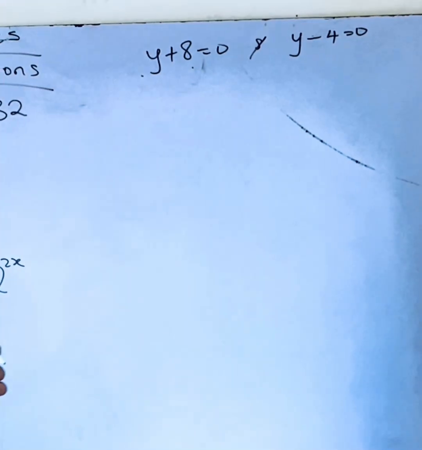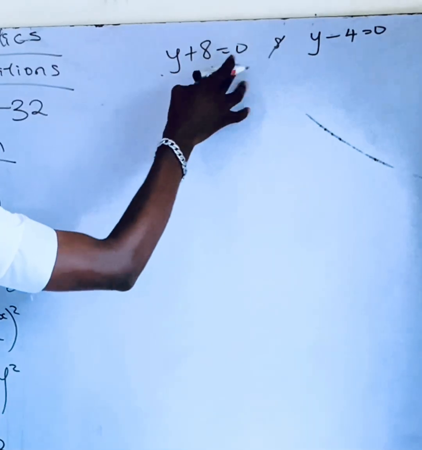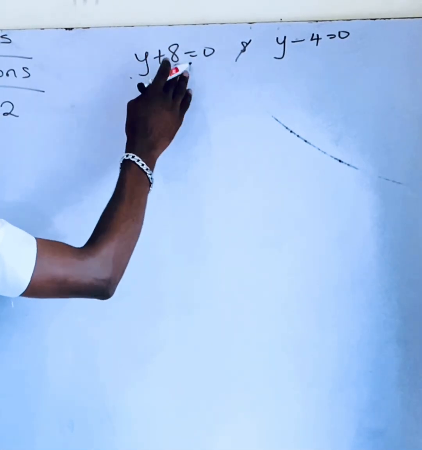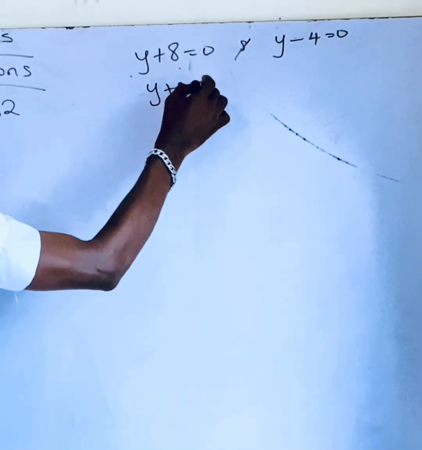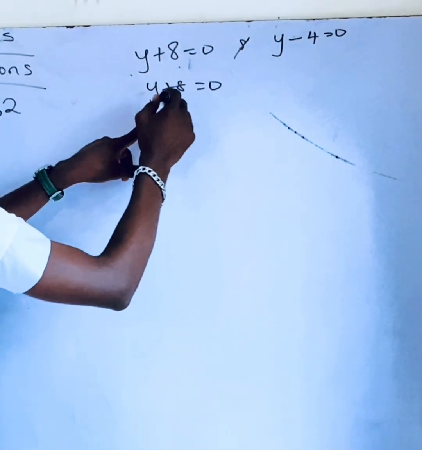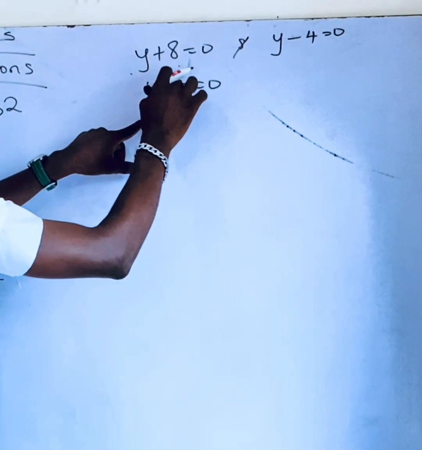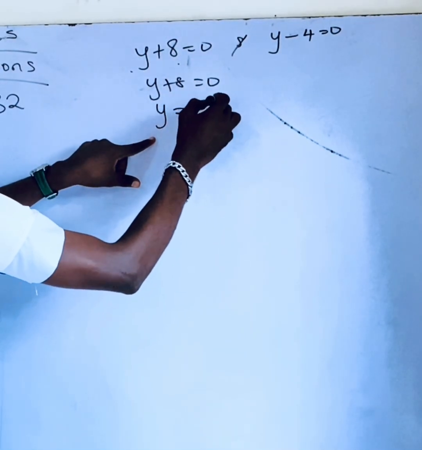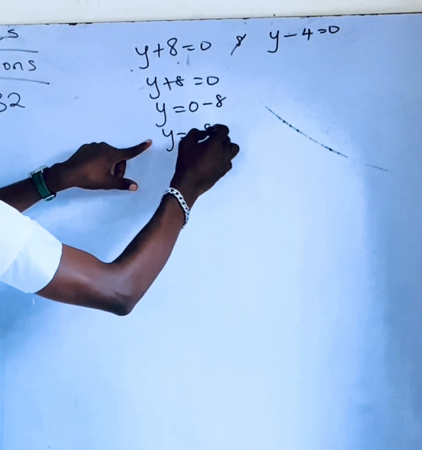After equating it to 0, the next thing you do here is solve each of them, which is a very simple equation. y plus 8 equal to 0. When plus 8 crosses the equality sign, the sign of 8 changes to minus. So y is equal to 0 minus 8, and y is equal to minus 8.